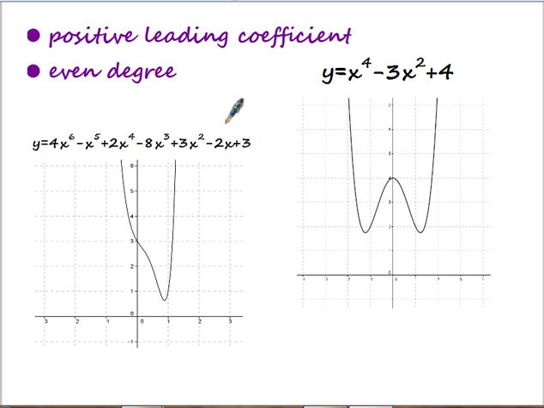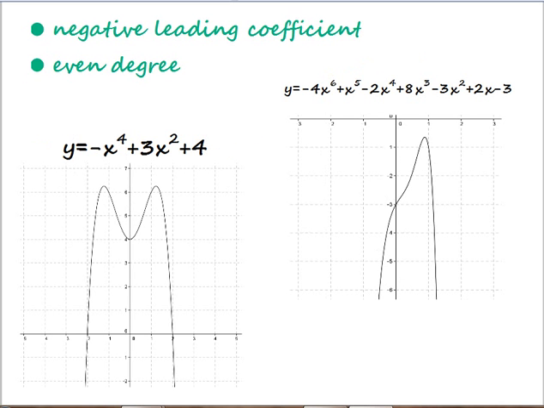Even though the shapes aren't exactly the same, do you see that they both curve and are concave up? Here's some even degree polynomials with a negative leading coefficient. They still are kind of curves, almost like our quadratic functions, and both of these are concave down.